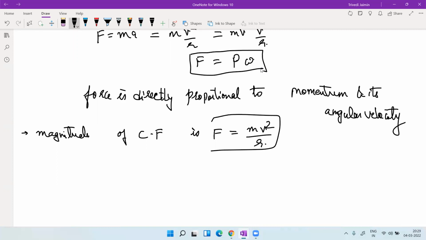It is derived from this one; we can get it from this value. Second point to remember, F is directed towards the center of the circle.